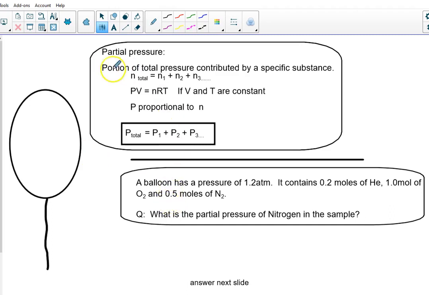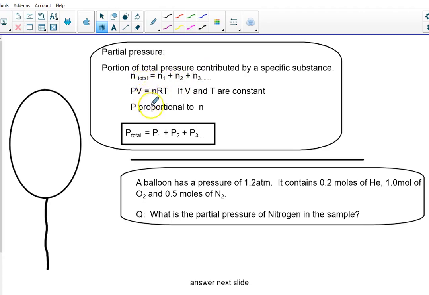Alright, what's a partial pressure? A portion of the total pressure contributed by a specific substance. N total equals N1 plus N2 plus N3, so all the particles should add up to equal the total pressure.